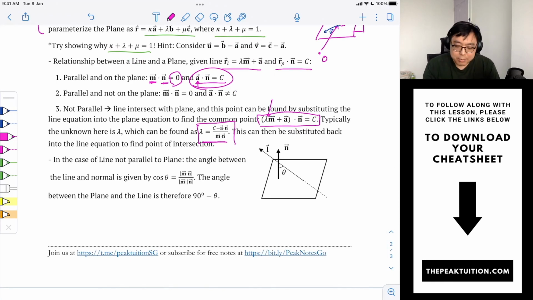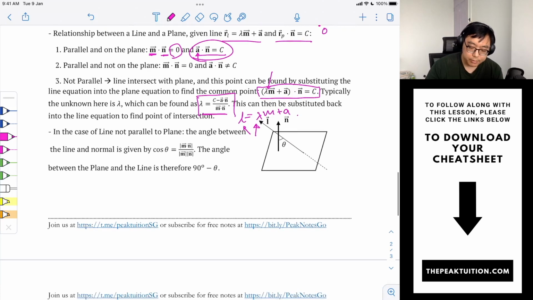This can then be substituted back into the line equation, because we know the line equals lambda m plus a, where lambda can be any number and L represents all points on the line. So if we now know what lambda is, we can substitute it back to give us the point L. Okay, so this will give us the point of intersection.